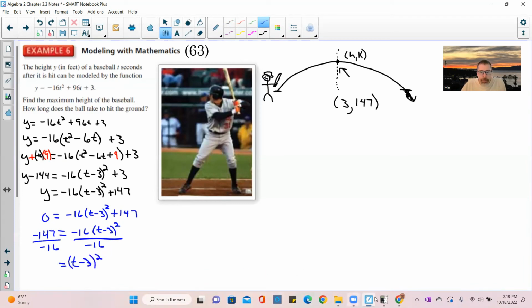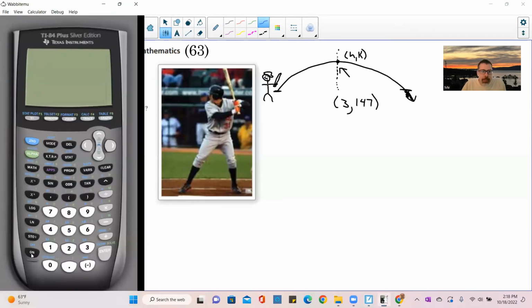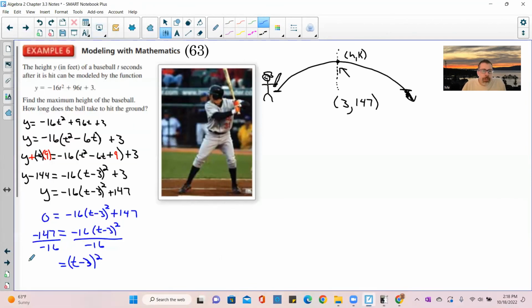squared here. Let me get the calculator, and I'm doing 147 divided by 16. So 147 divided by 16 is 9.1875. So I just divided by 16.